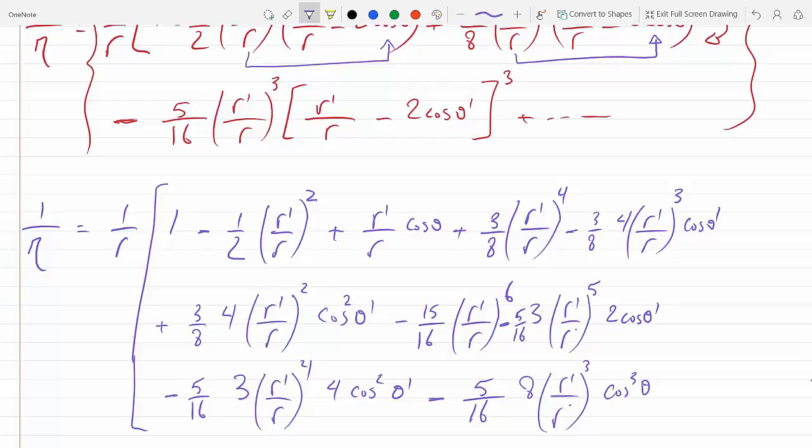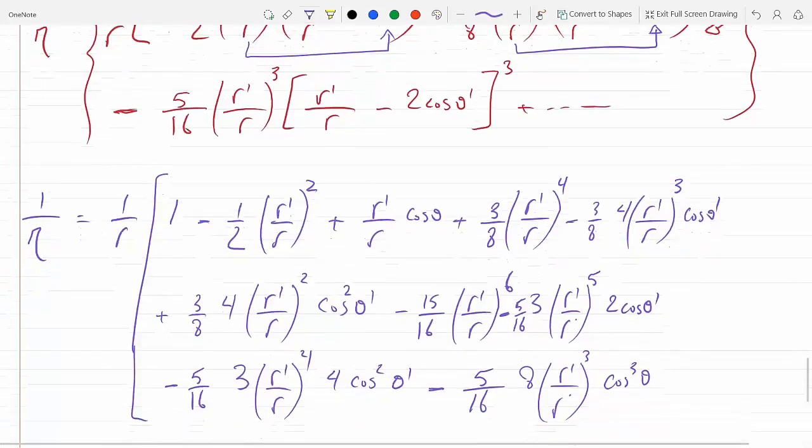Let me check my sign on the second term here. I think I messed up on the second term. Let me see. So this is 3 over 8, this is done.